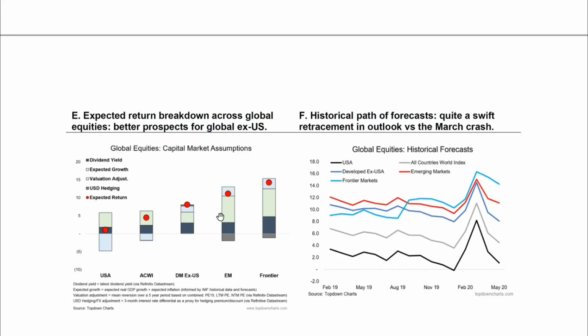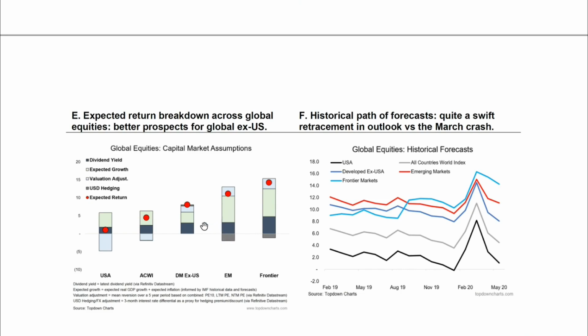And so the chart on the left here is the expected returns across the main pieces of global equities, and the red dot is the overall expected return, and then the various pieces of the bar are the components that go into that. So looking at EM, for instance, we start with dividend yield, add on to that the expected nominal growth, add on to that the expected valuation adjustment, that's based on mean reversion, and then adding or subtracting a hedging component.